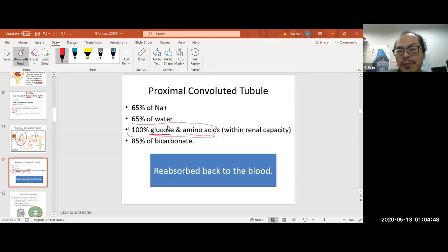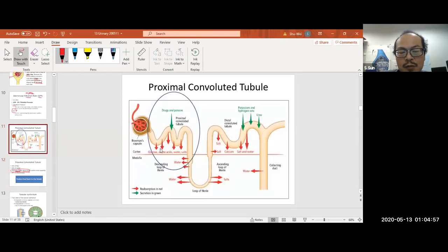But for patients whose blood has too much glucose, the reabsorption may reach its maximum and cannot reabsorb any further, and then you will probably see some glucose. For example, in a diabetes patient, you will see glucose remaining. That's because it has already reached the maximum reabsorption capacity located in the proximal convoluted tubule.